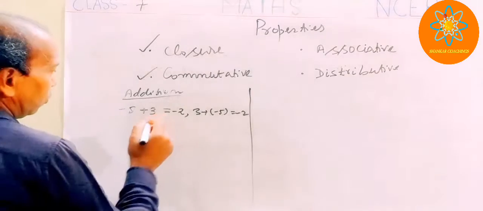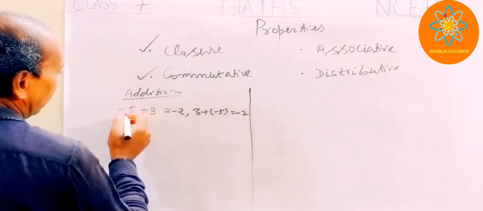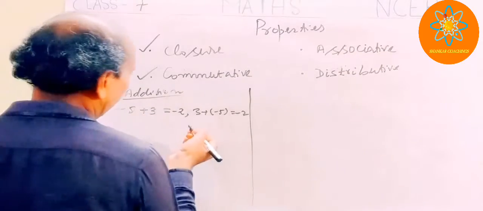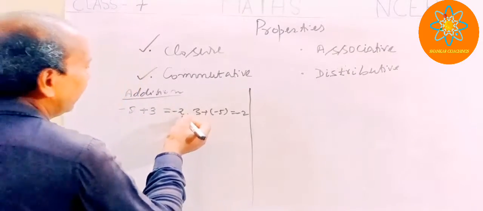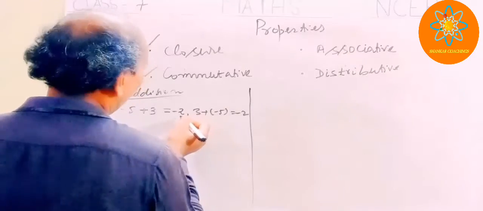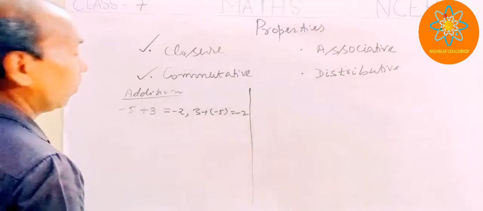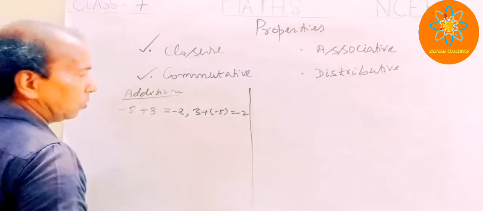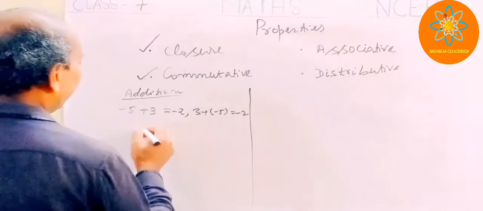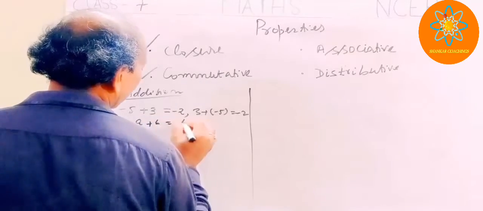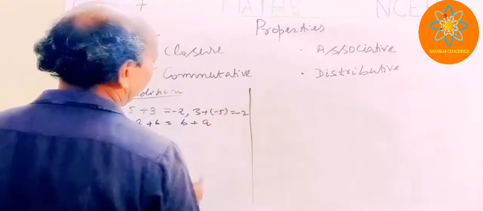And also in the case of addition, there is the closure property, so obviously you will get a value that is an integer, because the closure property for addition is true. So in general, I can say a plus b is equal to b plus a.